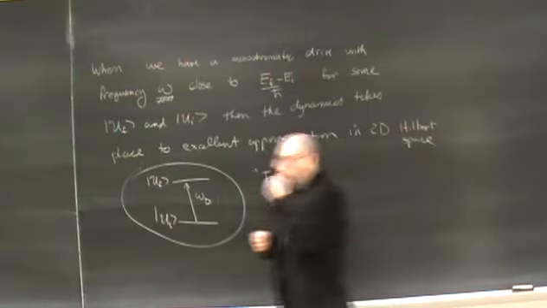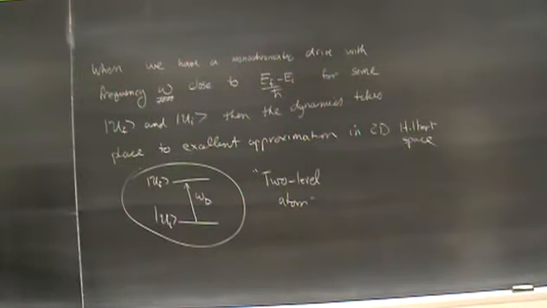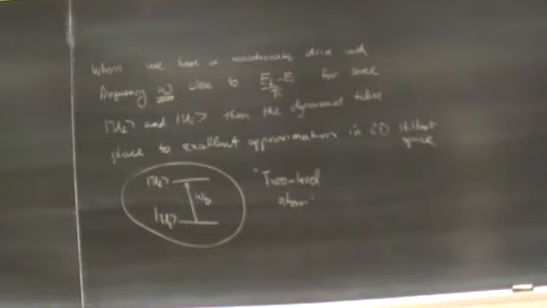Okay? So, when we have this situation, we don't have to do no stinking perturbation theory. We could solve the problem nearly exactly. In some cases, actually exactly. All right?